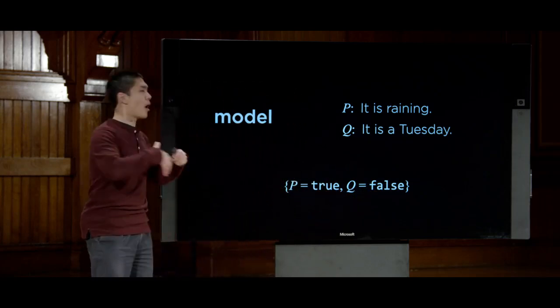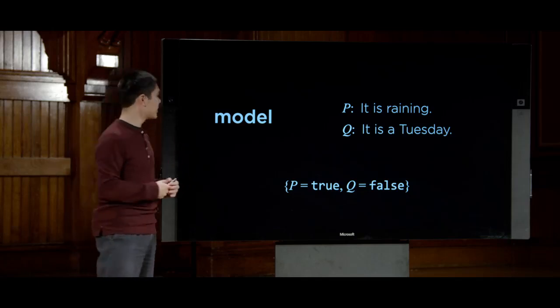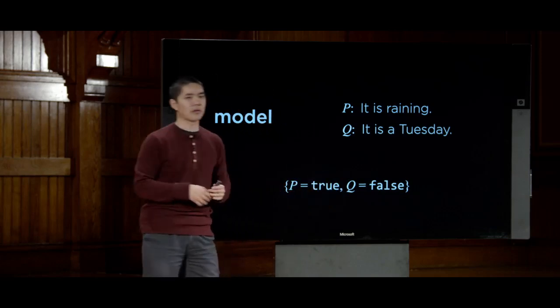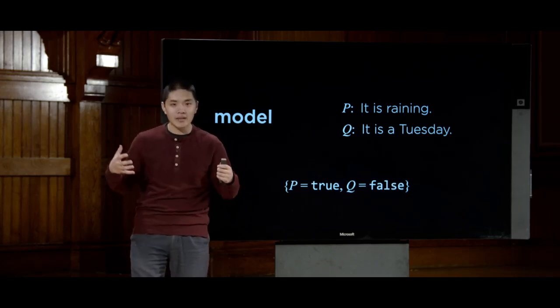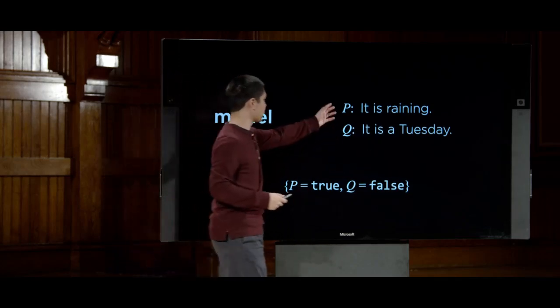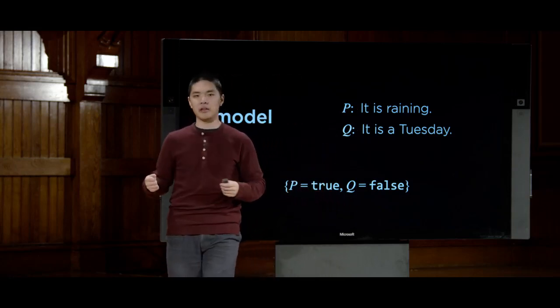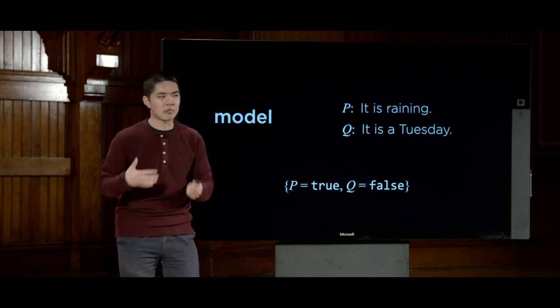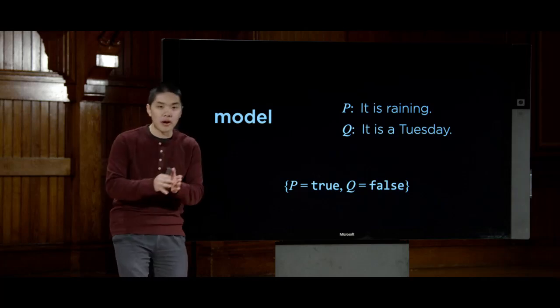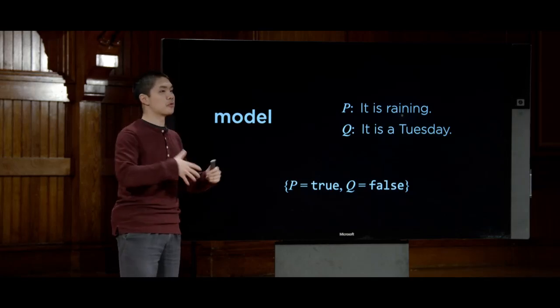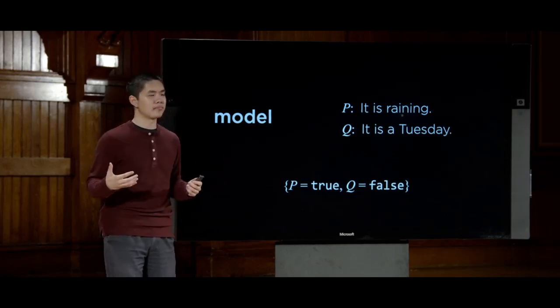But there are other possible worlds or other models as well. There is some model where both of these variables are true, some model where both of these variables are false. In fact, if there are n variables that are propositional symbols like this that are either true or false, then the number of possible models is 2 to the n, because each of these possible variables within my model could be set to either true or false if I don't know any information about it.